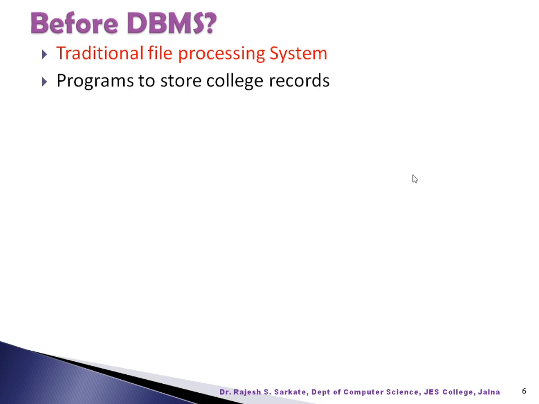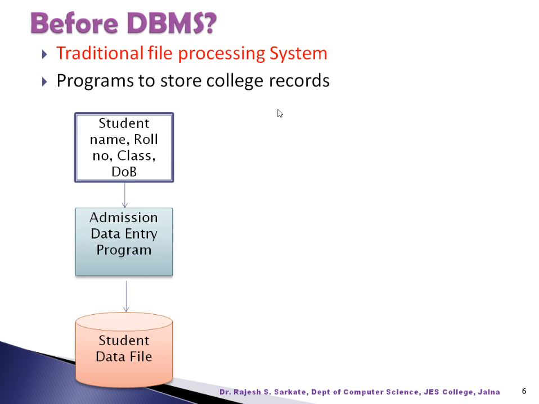Okay. Now to understand this file processing system, let us consider that we want to write programs to store the college records. We have seen that there are attendance records, admission records, and library records. So if we talk about the software that is used to store and manipulate the college records or student records, let us go through these things.